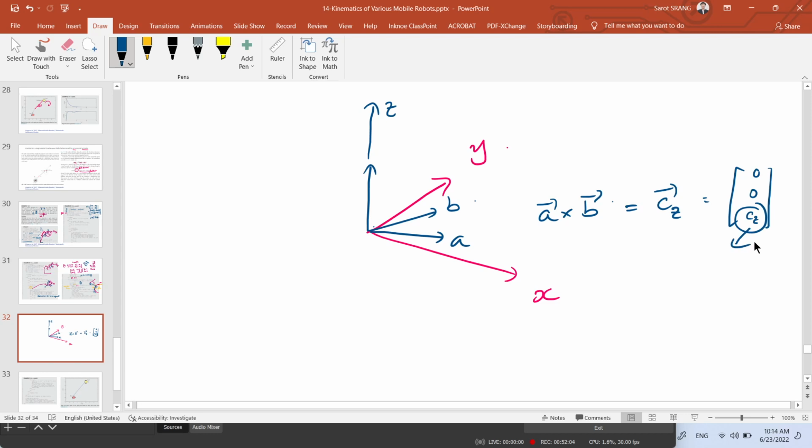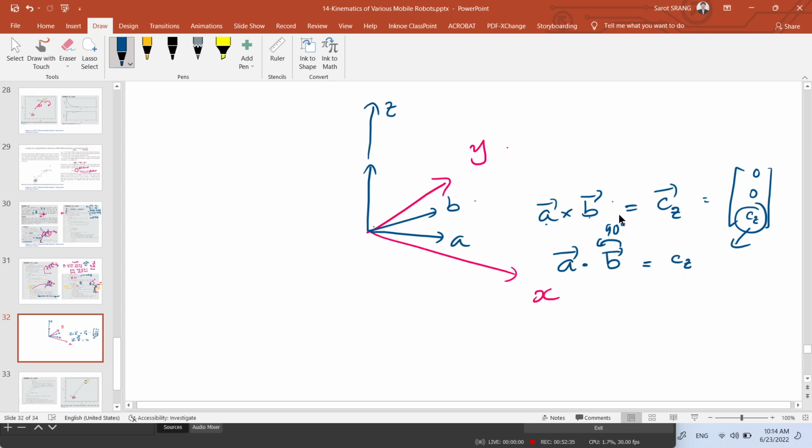So this component Cz I can compute in a different way. I can use just A dot B rotated by 90 degrees, and I will get Cz as well. Are you familiar with this?